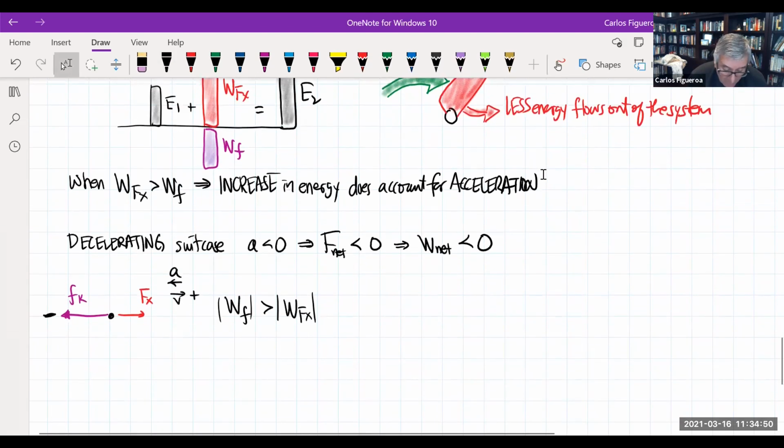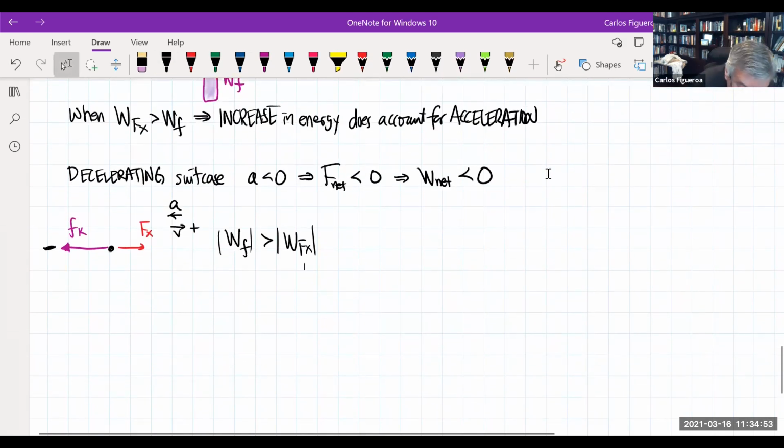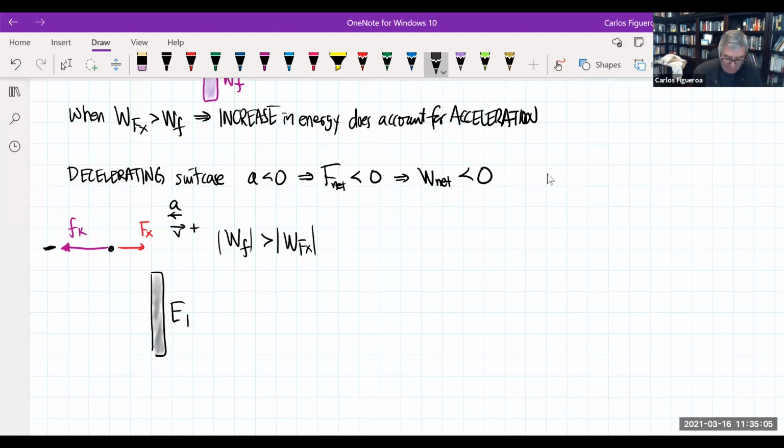So if I then do my bar diagram, it says here, if I have the energy of the system that looks like this, and this is the energy right here, then according to this diagram, the force of x does work in such a way that, let's say, it's 2 squares. So that's adding energy to the system, and that would be the work of f of x.